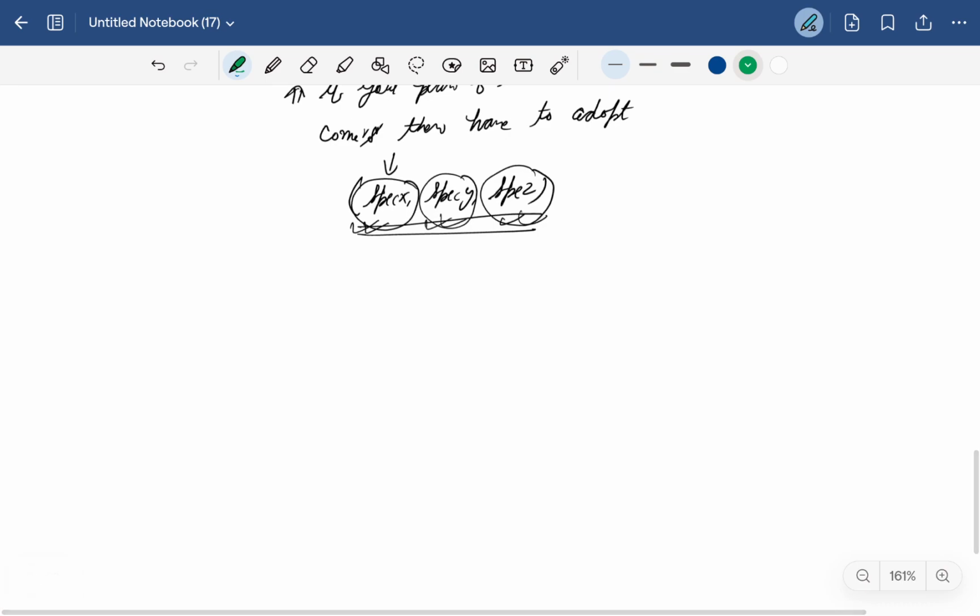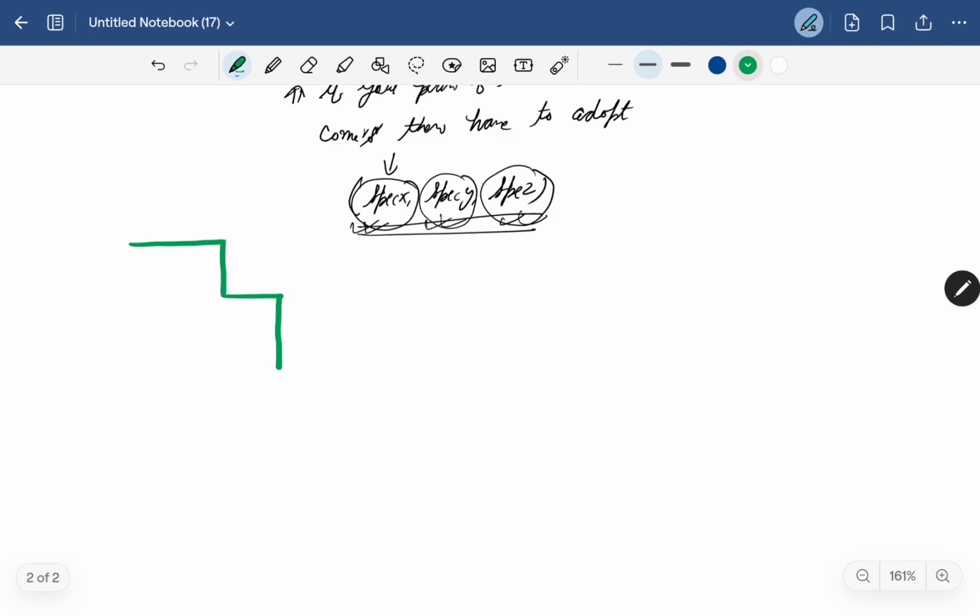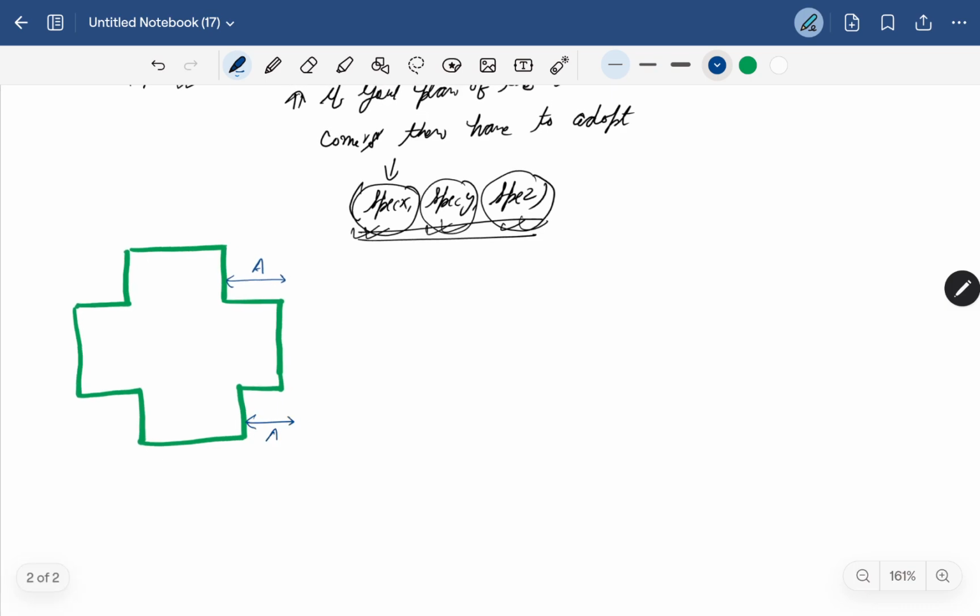Suppose your plan will be like this. Suppose this length is a, this length is also a, this length is also a, and this length is also a.